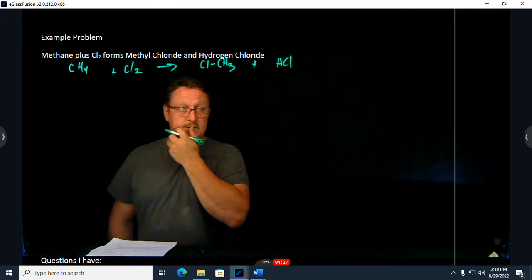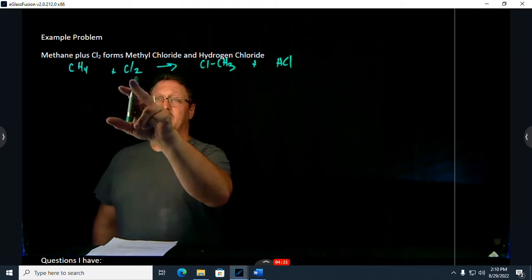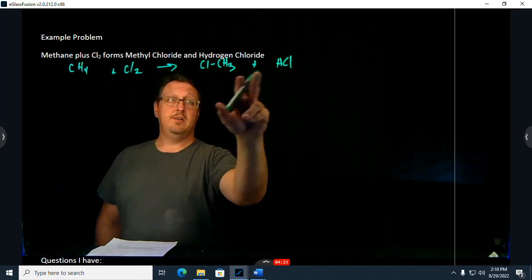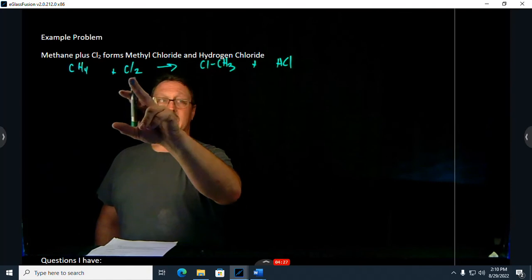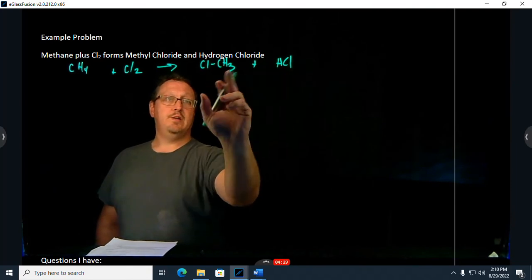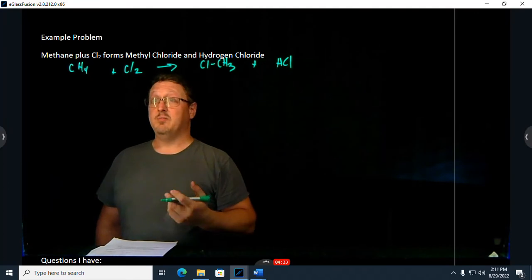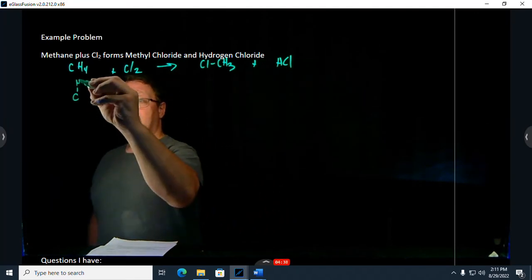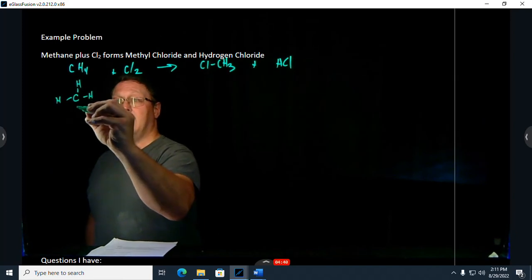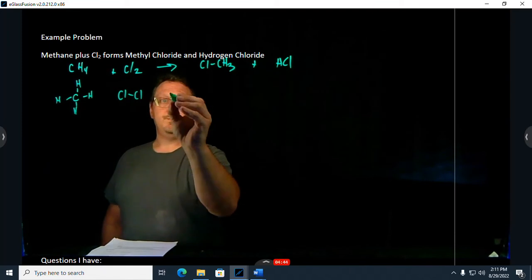Okay, so here we go. CH4, Cl2, CH3Cl, HCl. There are 2 chlorines, 1 carbon, 4 hydrogens, 3 hydrogens, 1 hydrogen. So it's actually balanced. Now to get a good image of what this looks like: carbon with hydrogen, hydrogen, hydrogen, hydrogen. Cl2 looks like this.